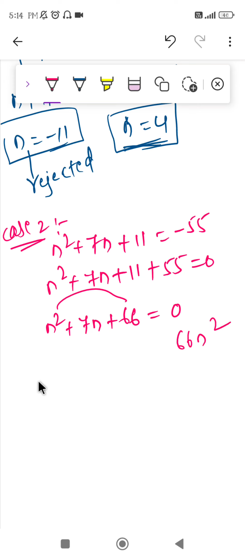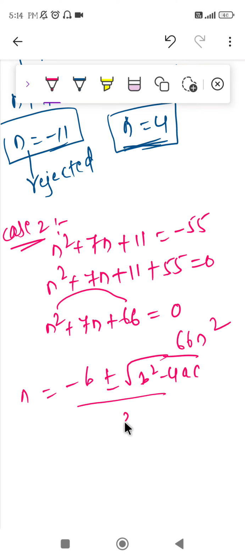So this one we can solve using Sridhar's rule, that is n is equal to minus b plus or minus square root of b square minus 4ac, divided by 2a. From this we can solve this equation.